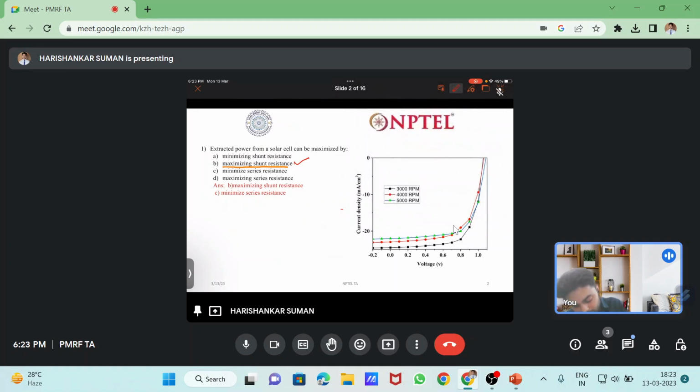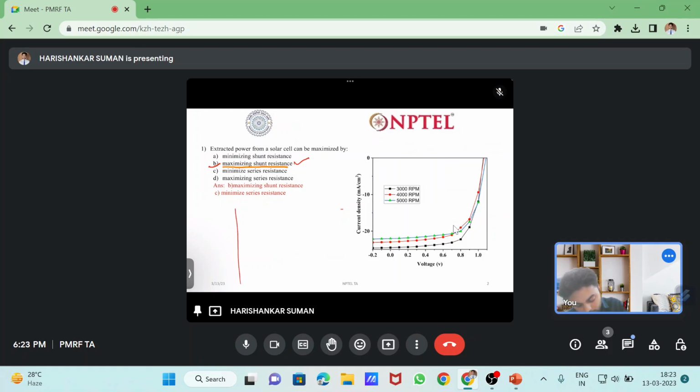And then what is the second point? Minimize series resistance. How? Series resistance, which side? This side. If series resistance decreases, then the curve goes like that.